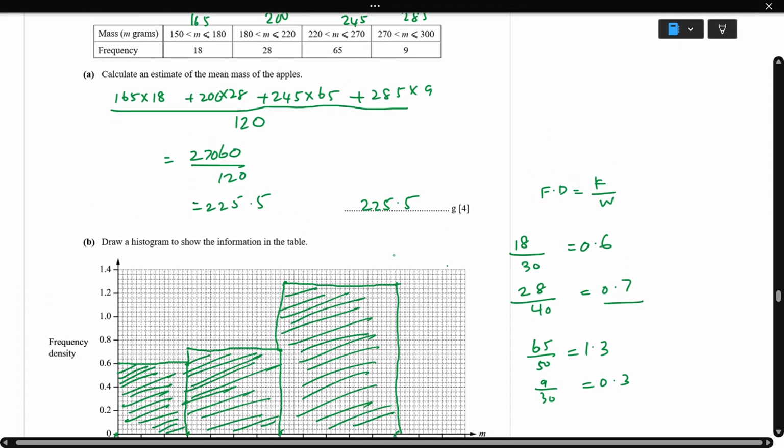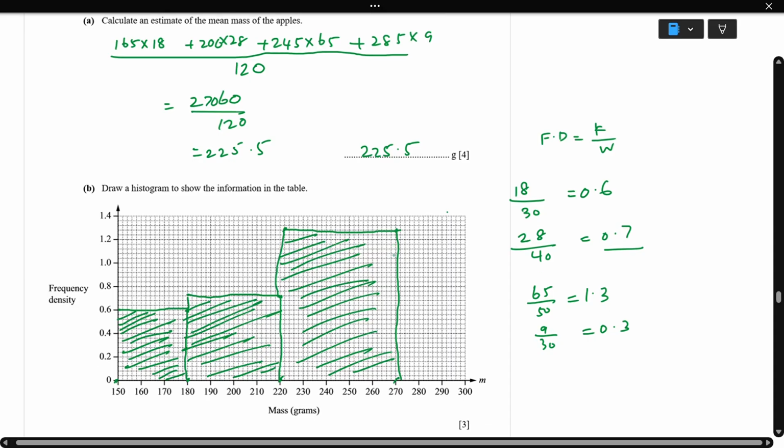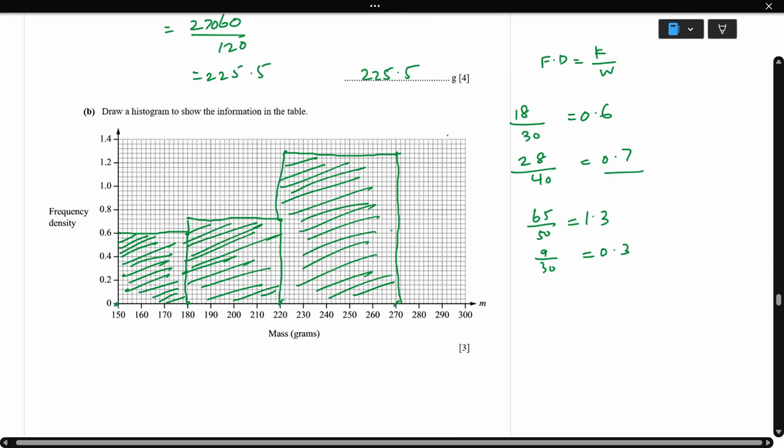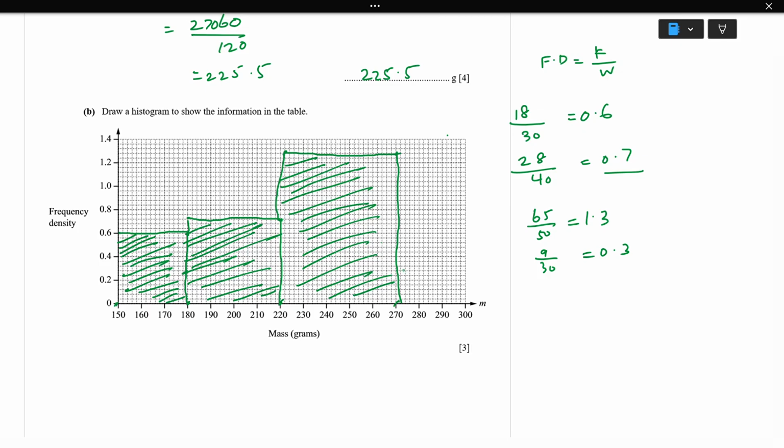Next is 270 to 300, which is 0.3, approximately here.